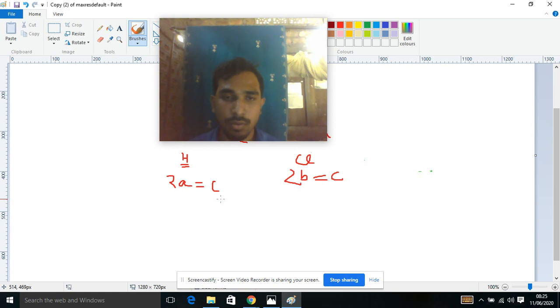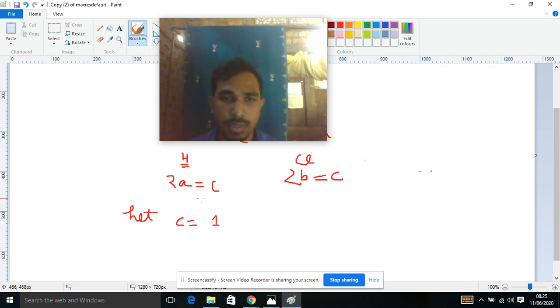So here what is the maximum variable? Here C is the maximum variable, so we can put let C equal 1.